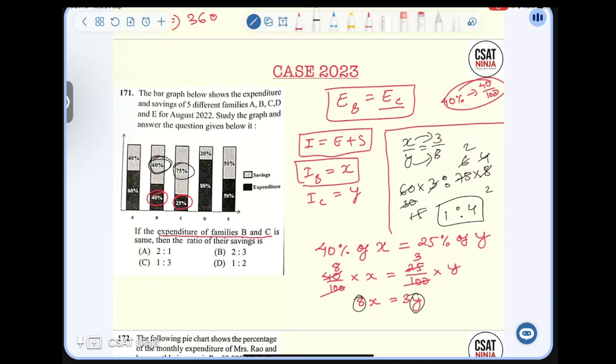So 60 is to 70, and cancel it. Actually, it's not the right way, because we don't know their income though.